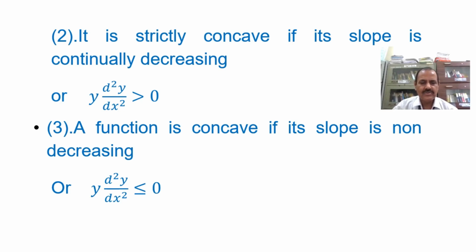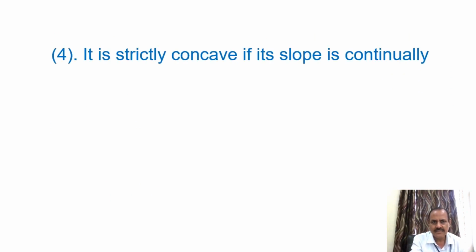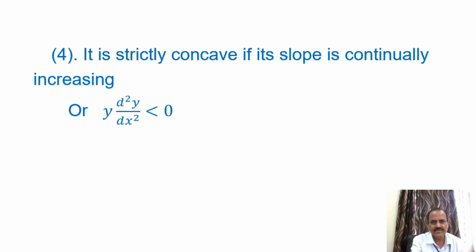And also you can calculate it by multiplying y with its second derivative with respect to x, which should be less than or equal to 0. Then the curve is concave. It is strictly concave if its slope is continually decreasing, or y d2y by dx square is less than 0.